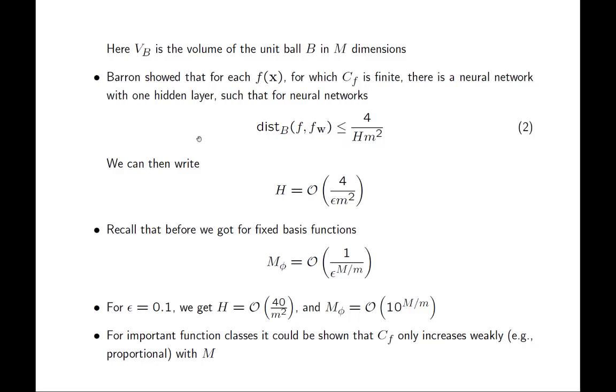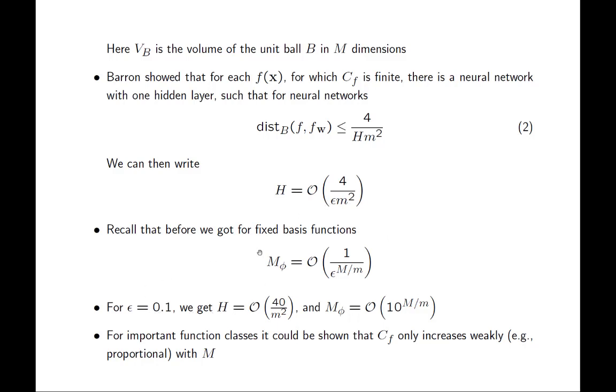Or we can also solve this for h and say the number of hidden units is on the order of 4 divided by epsilon, which is the approximation error we are willing to tolerate, times m squared. So it goes down if the function becomes more smooth. And before, remember, with fixed basis functions, the number of basis functions was of the order of 1 divided by epsilon to the power of m divided by m. If this looks a little abstract, I put in 0.1 for epsilon.